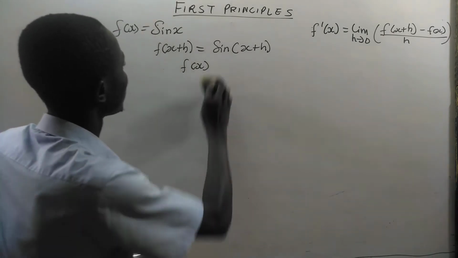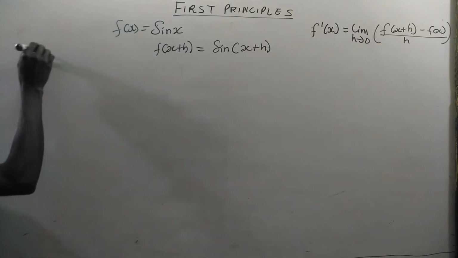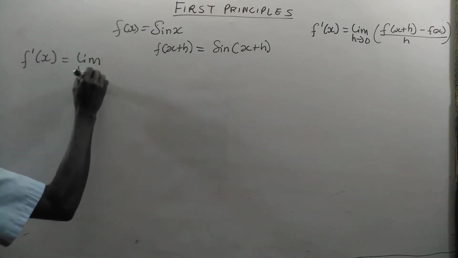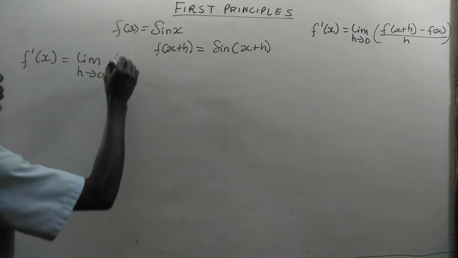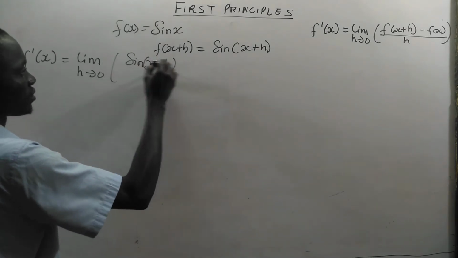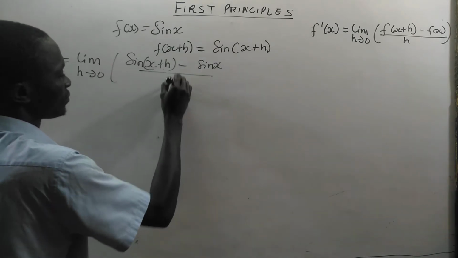So now let's see. Here f prime of x will be equal to the limit as h approaches 0 of sine bracket x plus h minus sine x divided by h.